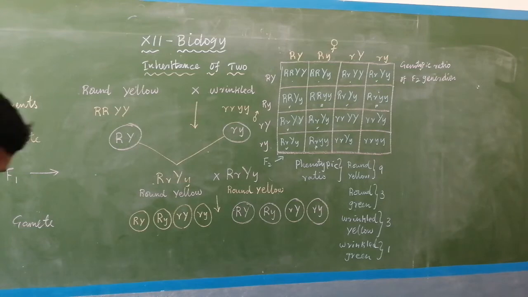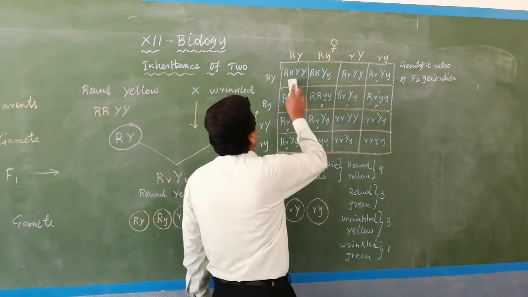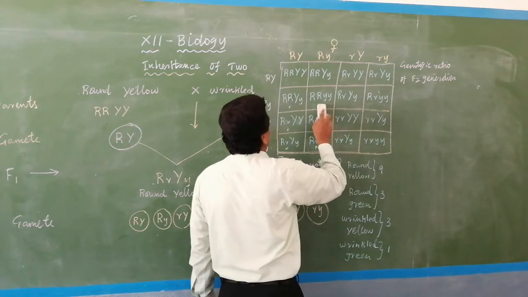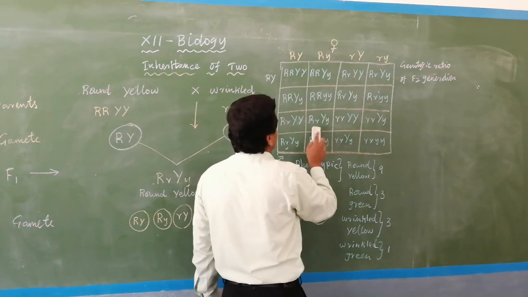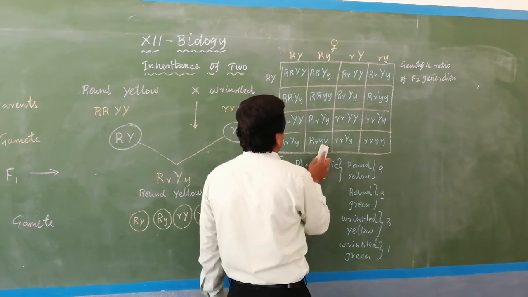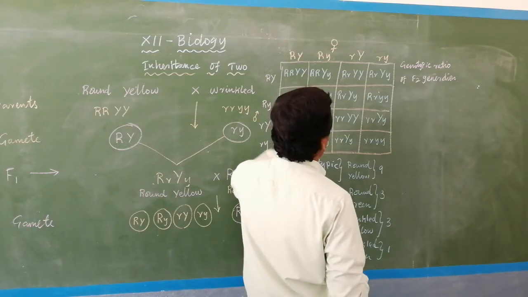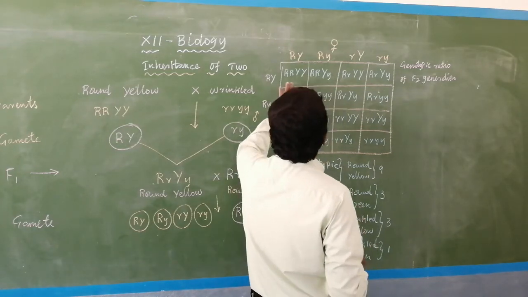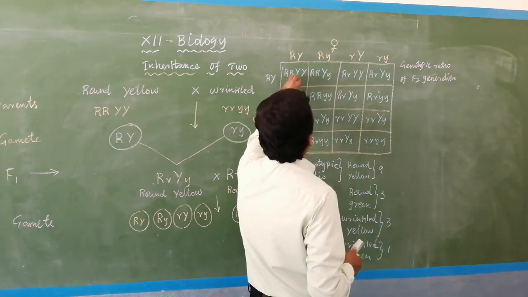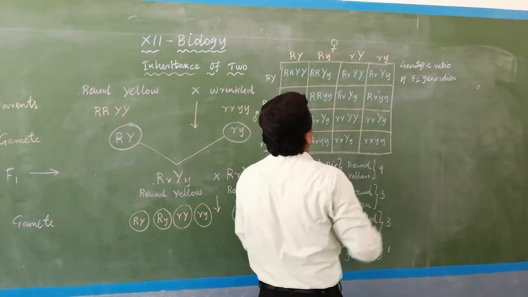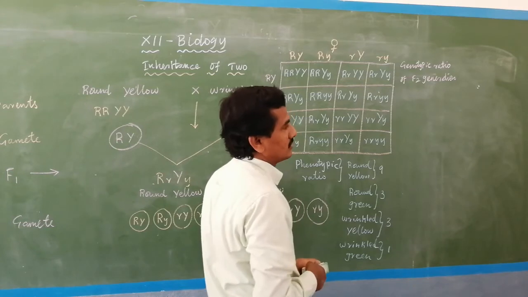Only then can we count the genotypic ratio clearly and without mistakes. Counting with the form of an L, we get the correct ratio.